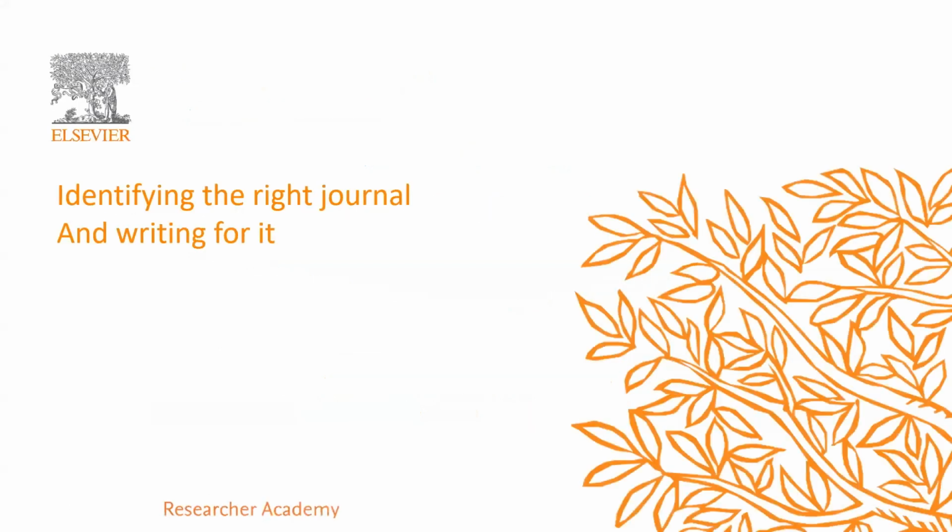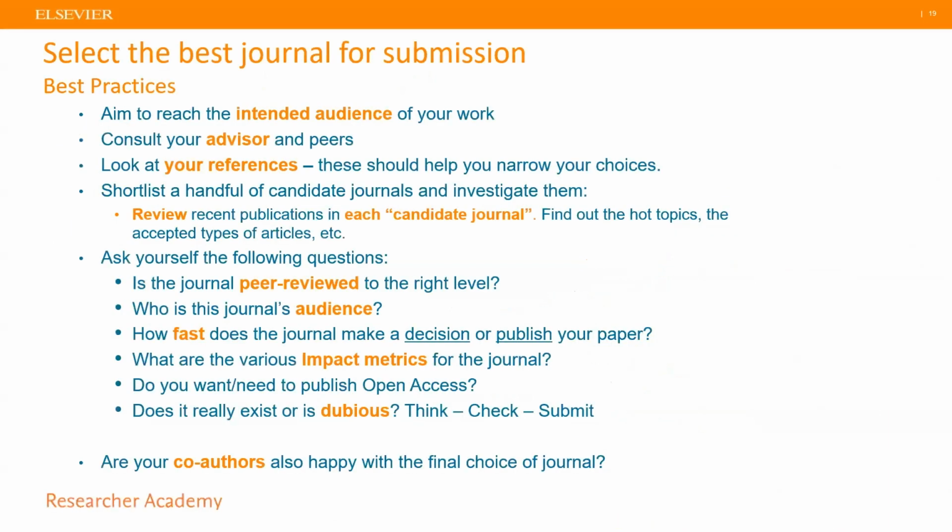So now I get into the part of identifying the right journal or journals possibly that you wish to write for. So selecting the right journal can be quite tough, right? So I've made a list of the best practices here.